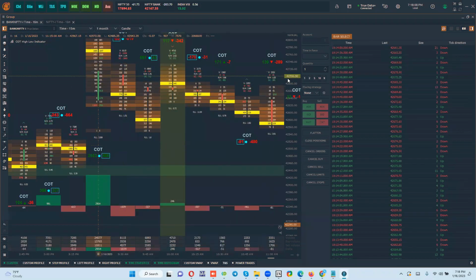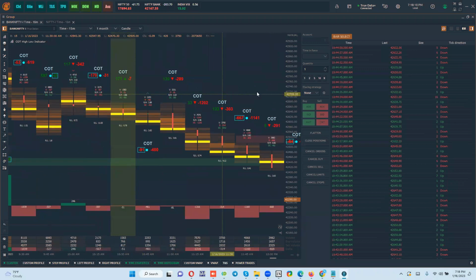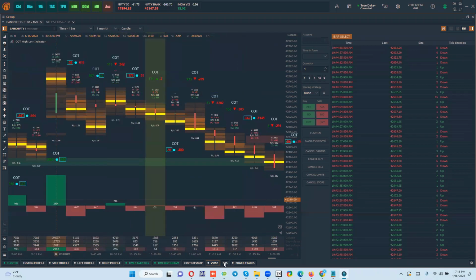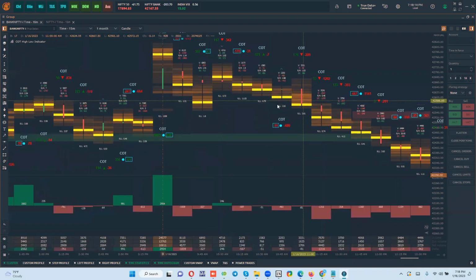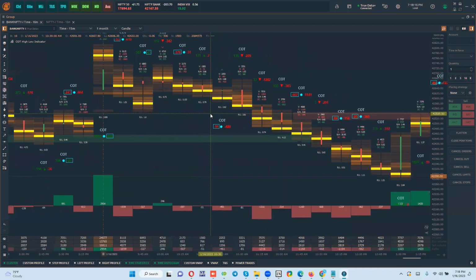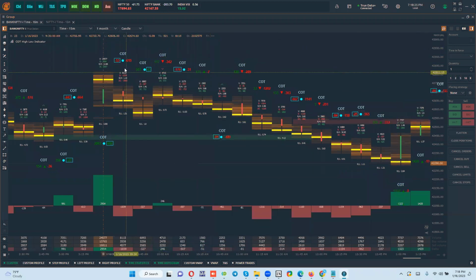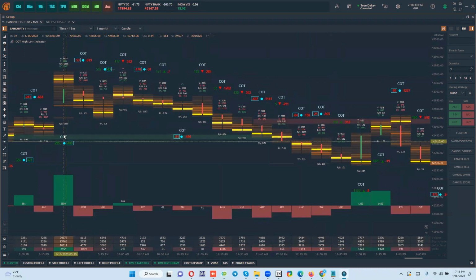But what we need to identify here is, now I don't need this time and sales information. What we need to identify is the possible trend that is developing. If the market is turning negative, like if you look at today's session in particular, at the start of the session we saw a lot of buying interest.